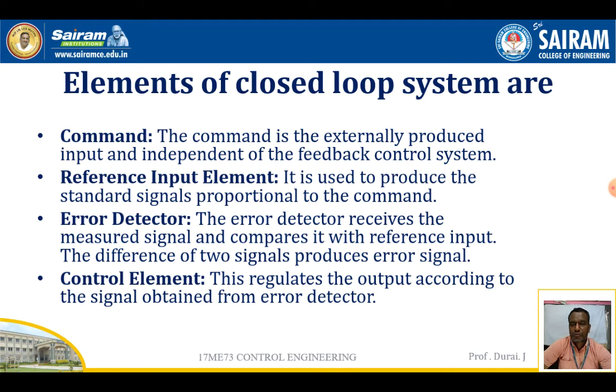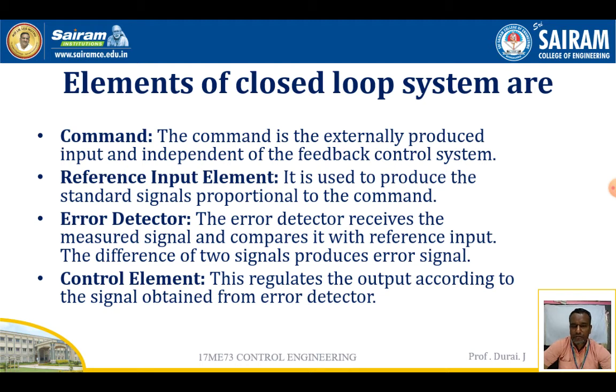It is used to produce the standard signal proportional to the command. Whatever required output we are going to provide will be based on this reference input element, which produces the standard signals. The next element is the error detector. This error detector receives the measured signal, that means the output signal, and compares it with the reference input.